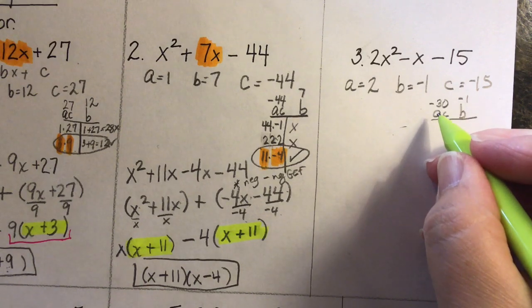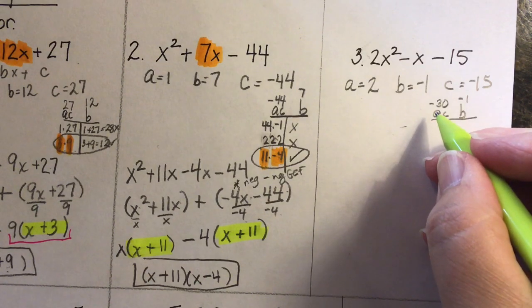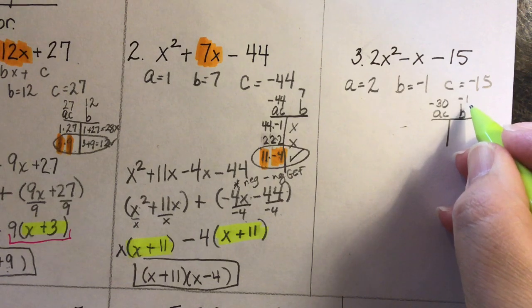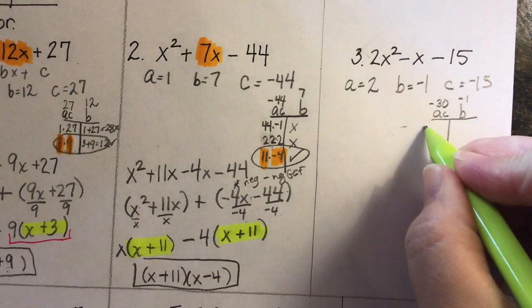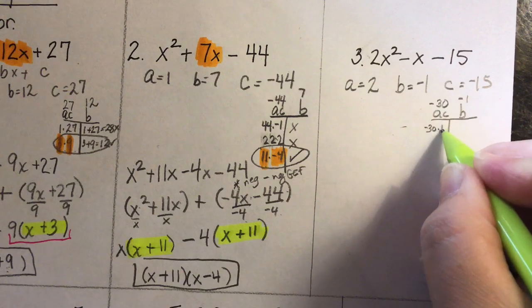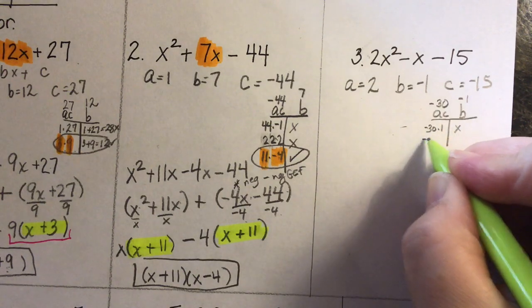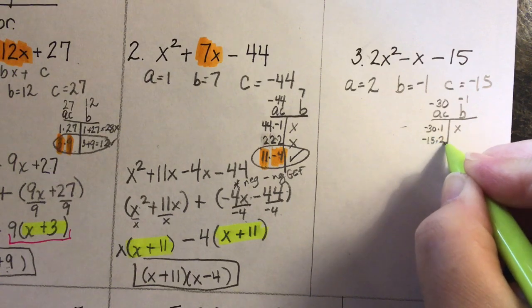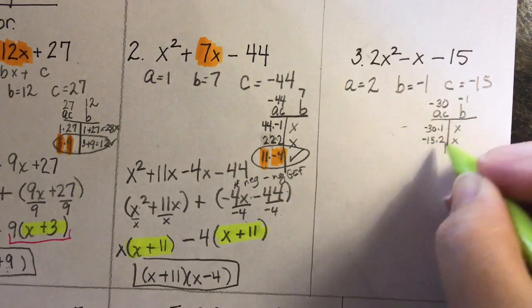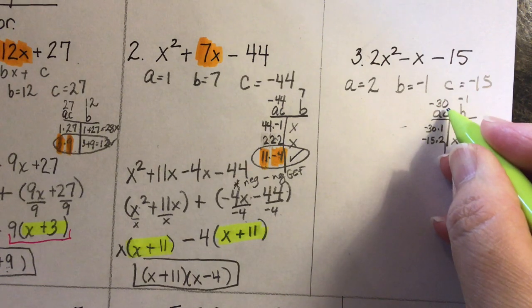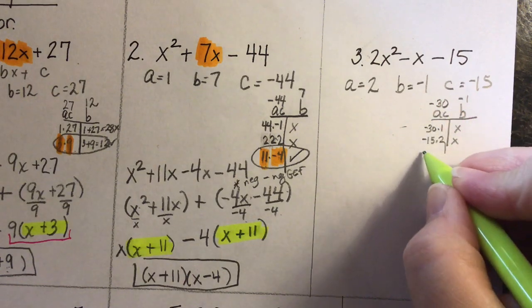Factors of negative 30, so that would be a negative times a positive. Their sum needs to be a negative 1, so that means the larger number is negative. Negative 30 times positive 1 does not add to give me negative 1. Negative 15 times 2 does not add to give me negative 1. That's negative 13. 3 does divide evenly into negative 30, negative 10 times.